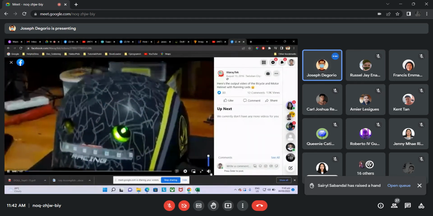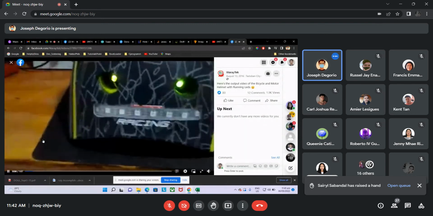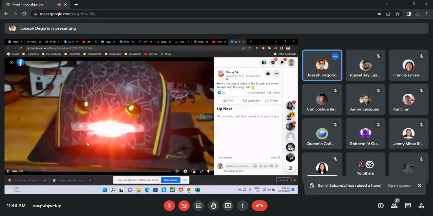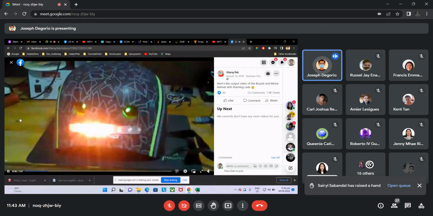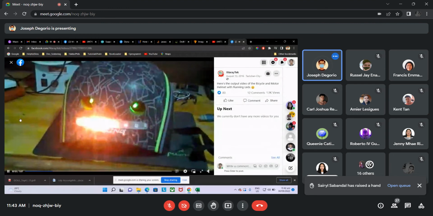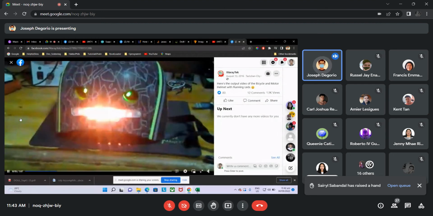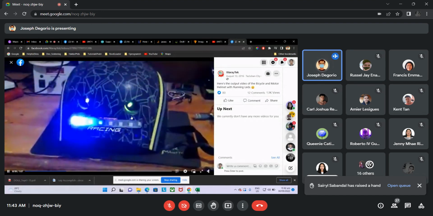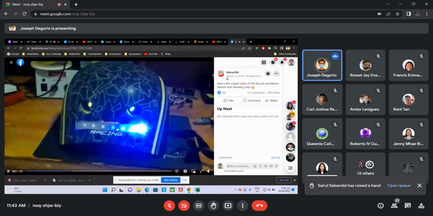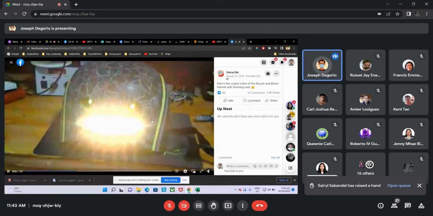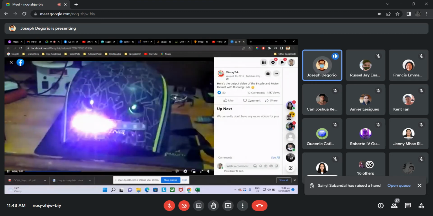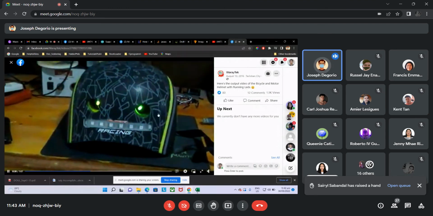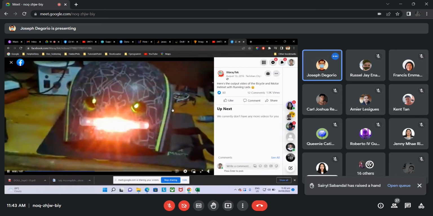I have this helmet. It was six years ago. I have my own motorcycle, and sometimes big trucks cannot see me, especially at night. So I have this project to place an LED at the back of my helmet and put some lights there, but it's controlled wirelessly.